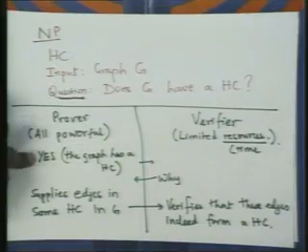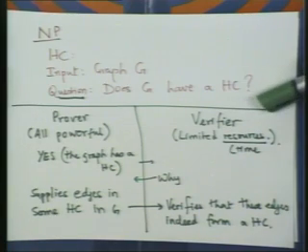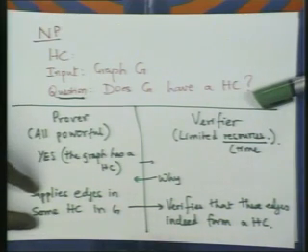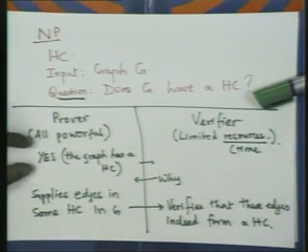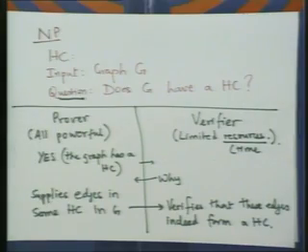Now, when the answer was yes, the graph has a Hamiltonian circuit, there was this proof that can be supplied, right? Edges in some Hamiltonian circuit in G. Supposing the prover had said no. If you look at the no inputs, how can you convince somebody that a graph does not have a Hamiltonian circuit?